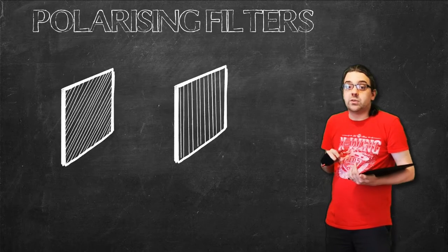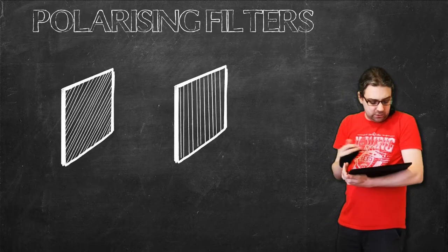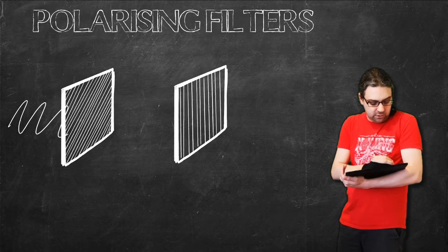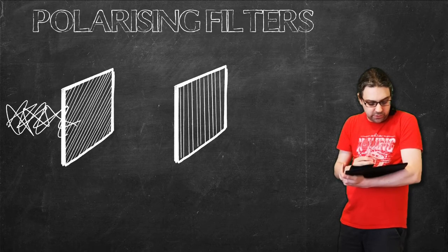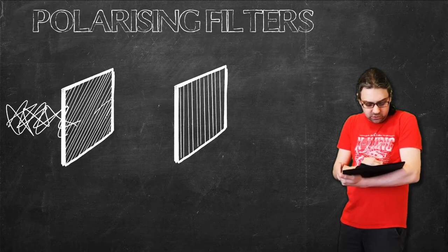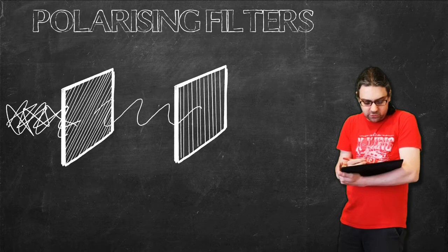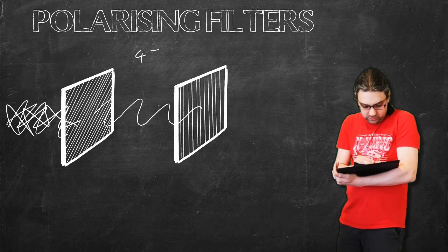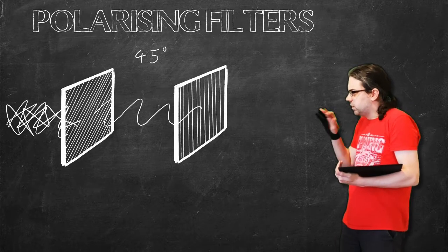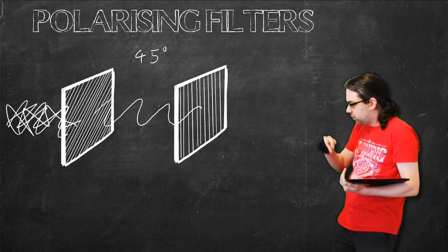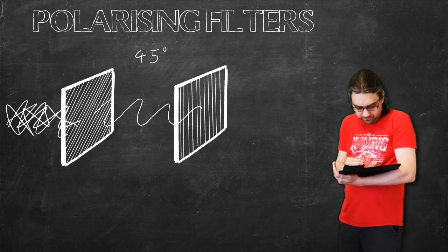Things get a bit more interesting if we put them at an angle. So on the left here, we have our light chaos. It doesn't really agree. And after here, it's oscillating at a 45-degree angle. That's a little bit hard to draw and visualize in 2 dimensions. So it's going back and forward at an angle.